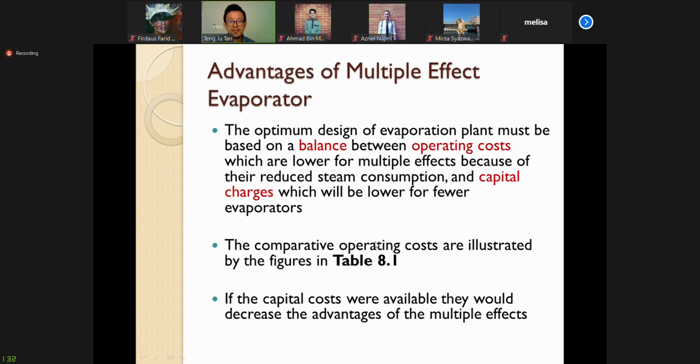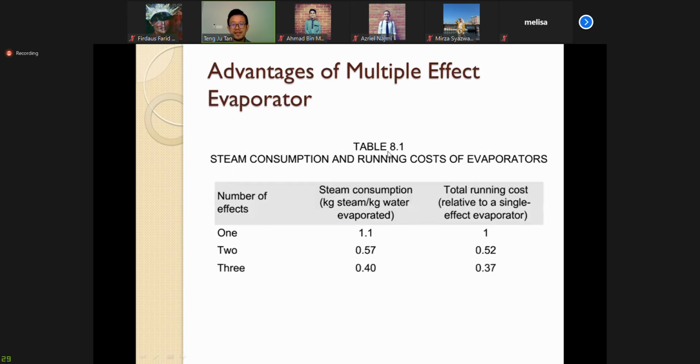So the comparative operating costs are illustrated in Table 8.1. If the capital costs were included, they would decrease the advantages of the multiple effects. But here we do not consider the capital cost. We just want to compare the operating costs, just the running costs.